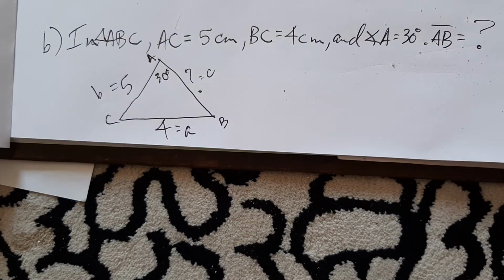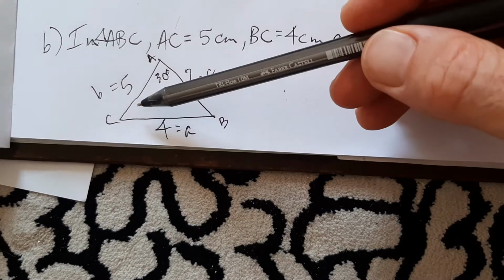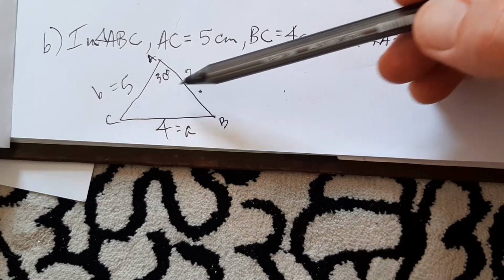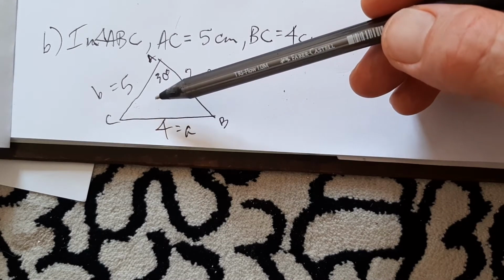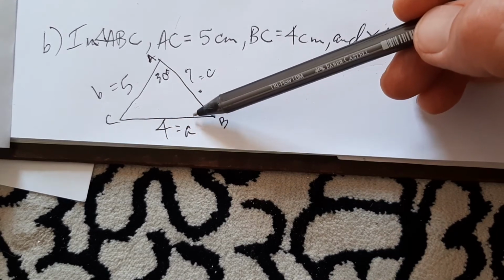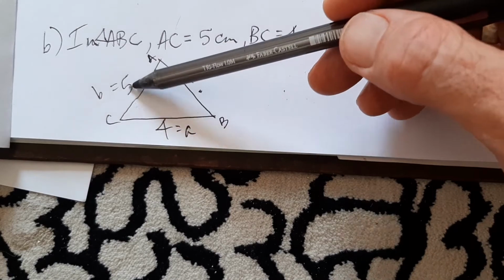So how do I find that? Well, I have to do a little more work here, I think, because I need to get this angle over here in order to get this. But to get this angle, I can't get it yet, but I could get angle B, right?